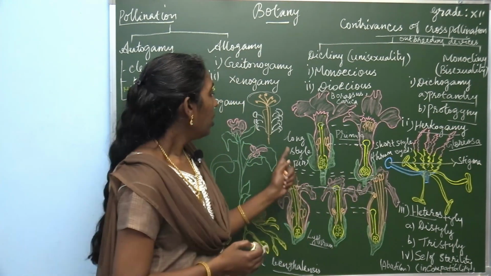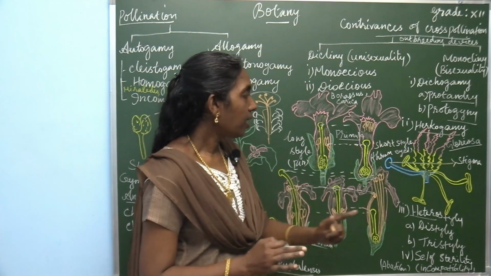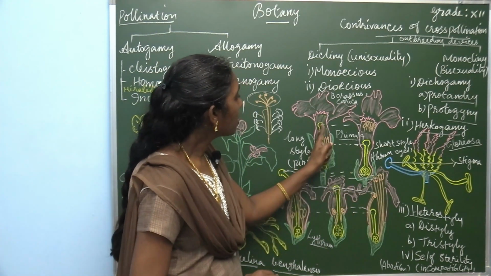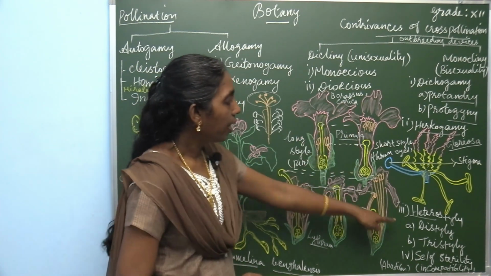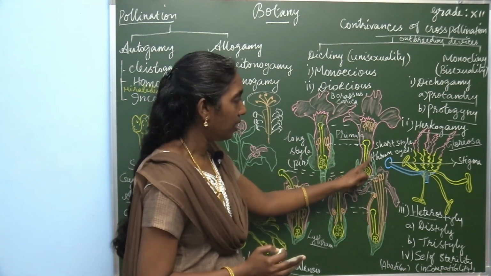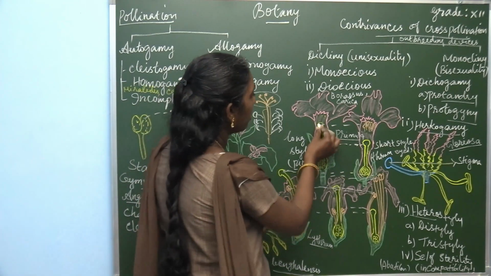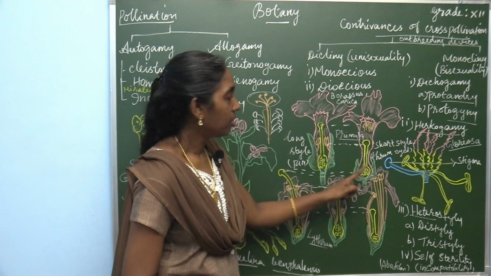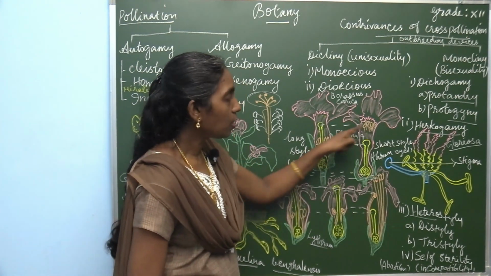Pin has a long style, and short style is called thrum-eyed. In this distyly, there are two different lengths of style and anther. This style length is long, this is short, and the anther is present here in this flower, and there in the other flower.